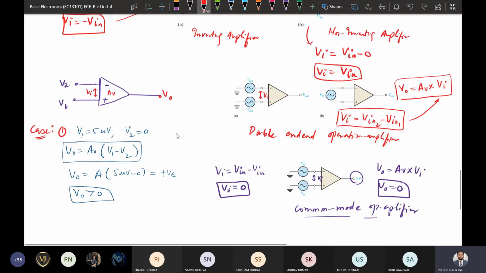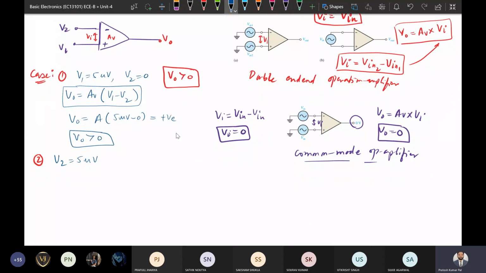Suppose the second case: V2 is equal to 5 microvolt and V1 is equal to 0. By putting the values, V1 will be 0 and V2 will be 5, so it will be minus multiplied by the gain.